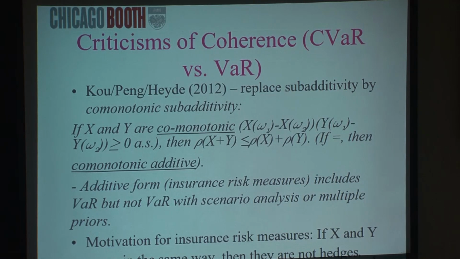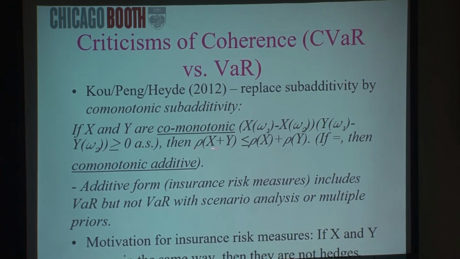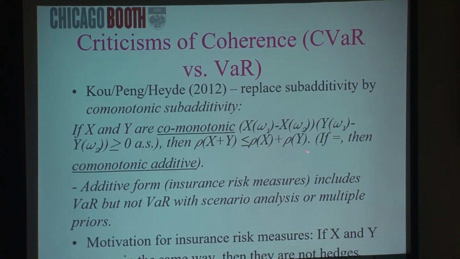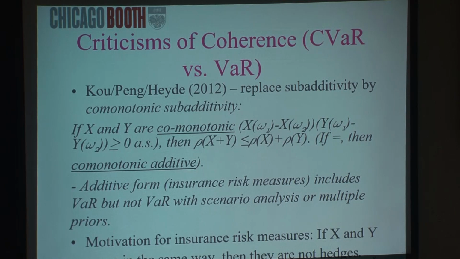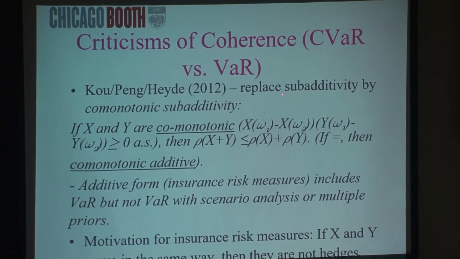If you add two random variables together, any coherent risk measure of the sum is less than or equal to the sum of the risk measures. They say that doesn't always make sense.